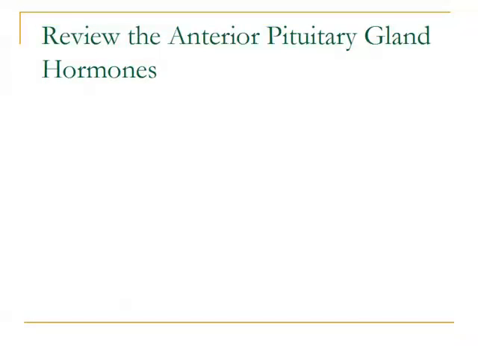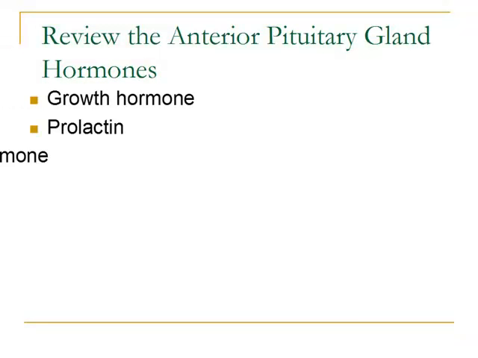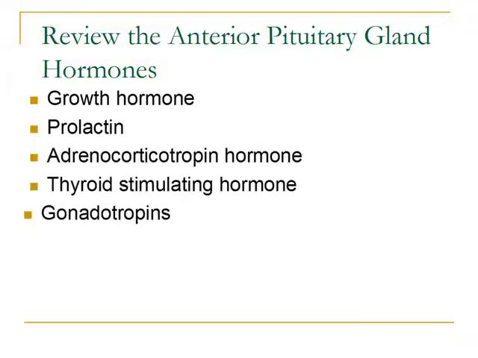Remember the anterior pituitary gland hormones we talked about a little bit earlier in the lecture. When we think about growth hormone, if there would be a tumor that would cause increases in growth hormone levels, this can result in abnormal growth patterns. We see in children it's called gigantism, and in adults you might see that referred to as acromegaly.